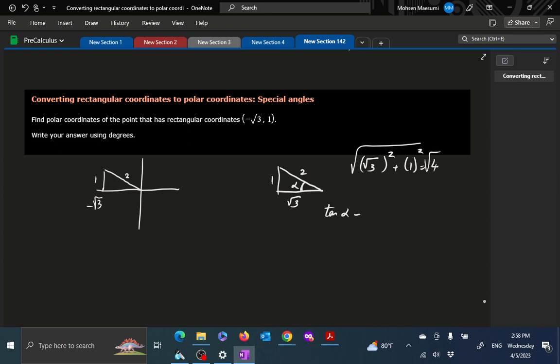Tangent of alpha is the ratio of opposite to adjacent, 1 over radical 3, so I know that my alpha has to be 30 degrees. If that is 30 degrees, what's my polar angle? I have to start from the x-axis and go to the final ray that is here. And 30 degrees is left for this, so 150 degrees is going to be our theta. Out of all of this, we get the coordinates 2 and 150.